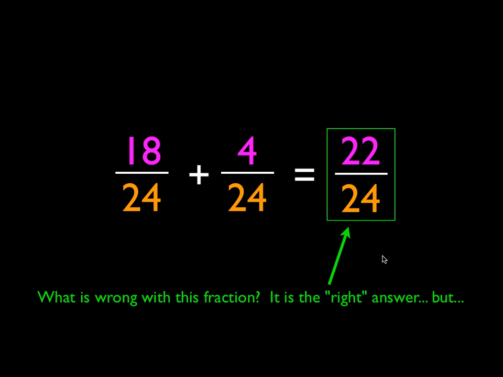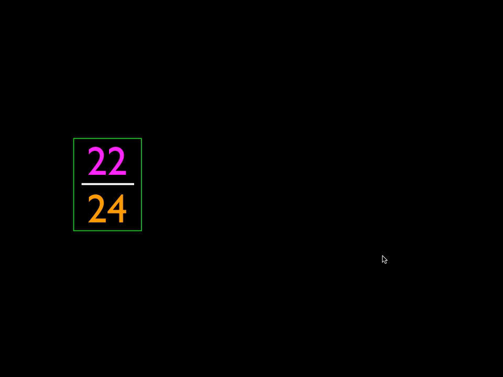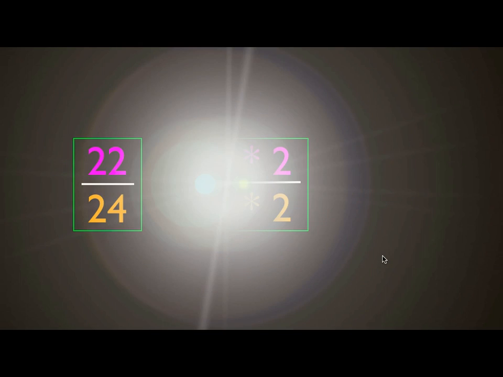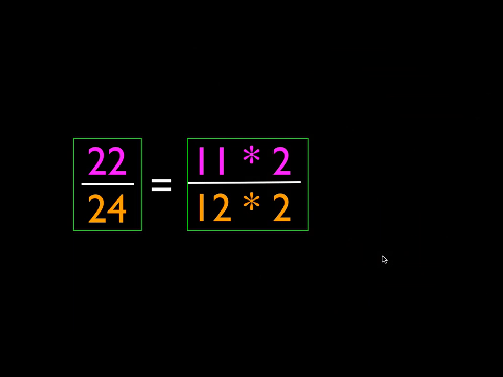So here's what's wrong. With 22/24, what you're supposed to sort of visually see in your head as you stare at this is that the top number and the bottom number are actually themselves a product. So 22 is really 11 times 2. 24 is 12 times 2, right?